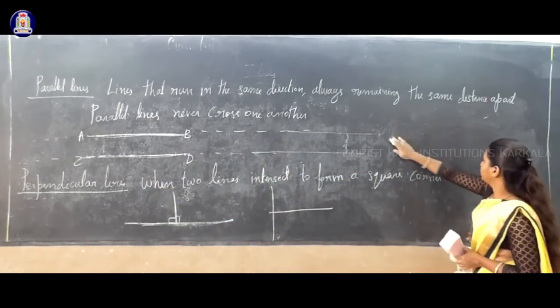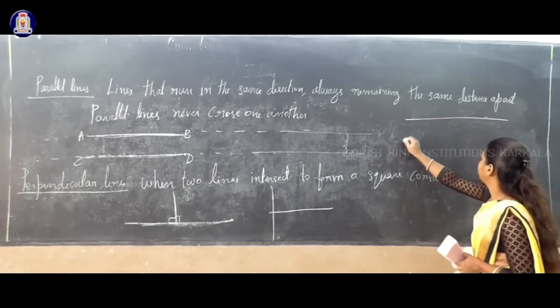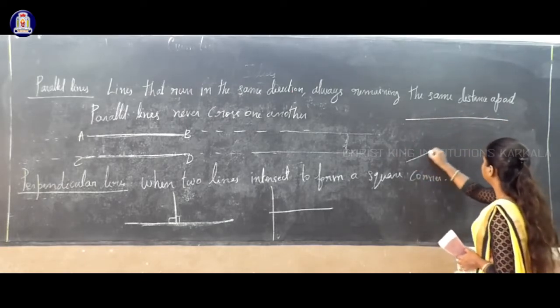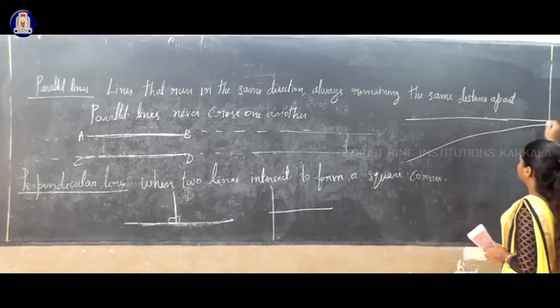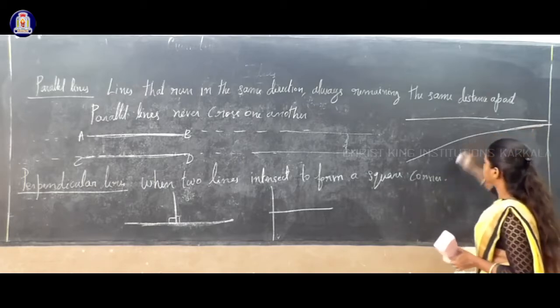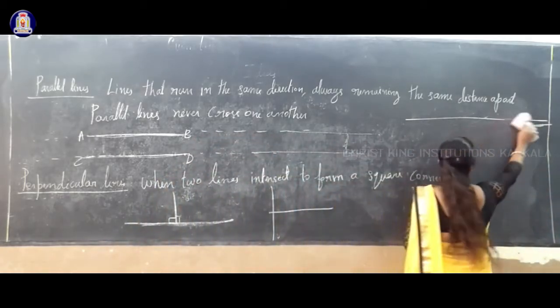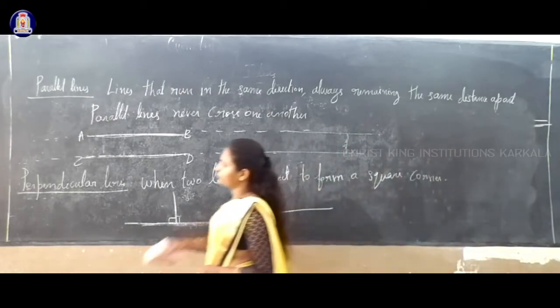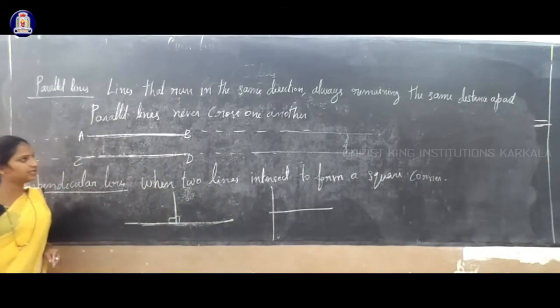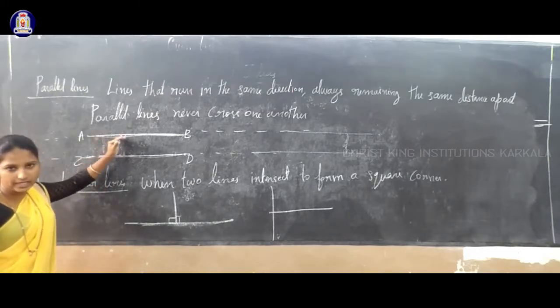For example, if I consider one line segment AB and draw another line segment here at a distance like this, and then extend the line like this, is this parallel? No, this is also not parallel lines. Parallel lines should not meet at any point. Clear?